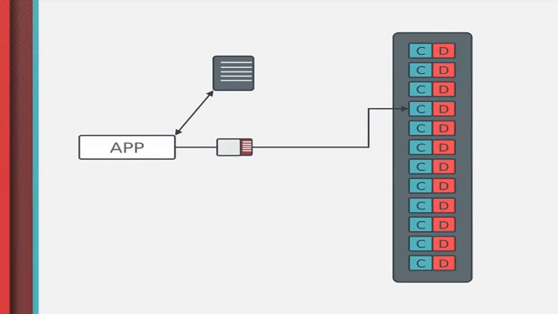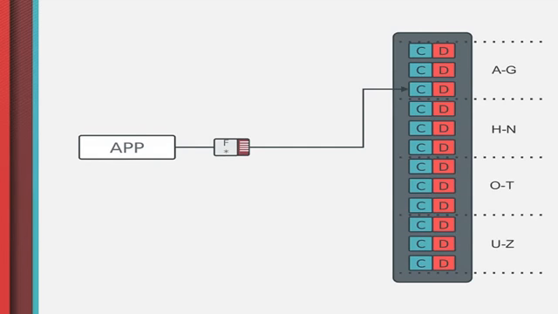And that's OK, but it doesn't really scale. It adds another layer in the data path where you have to keep looking up where your data is, which isn't really necessary.